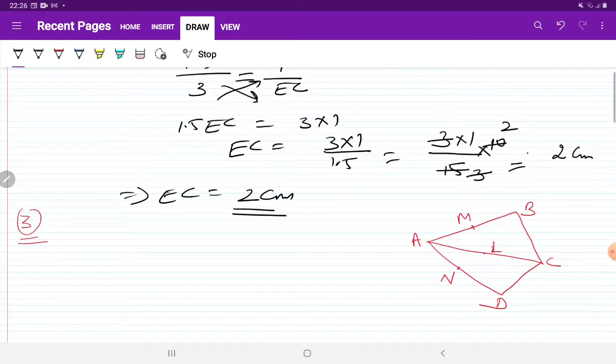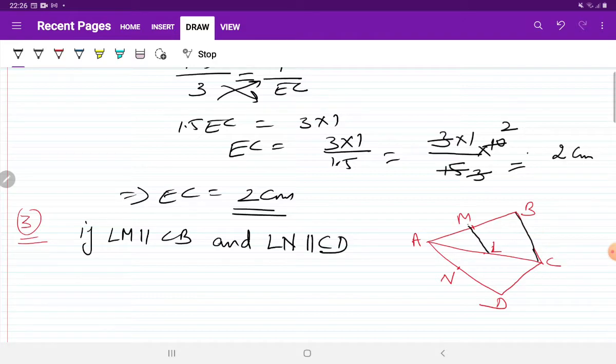Now come to the statement. In the figure, LM is parallel to CB. Join LM, which is parallel to CB, this side. And LN is parallel to CD. Again join LN, which is parallel to CD. So LM is parallel to CB and LN is parallel to CD.